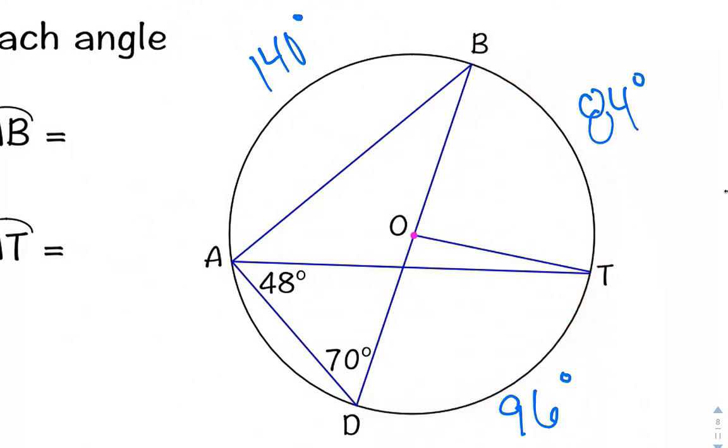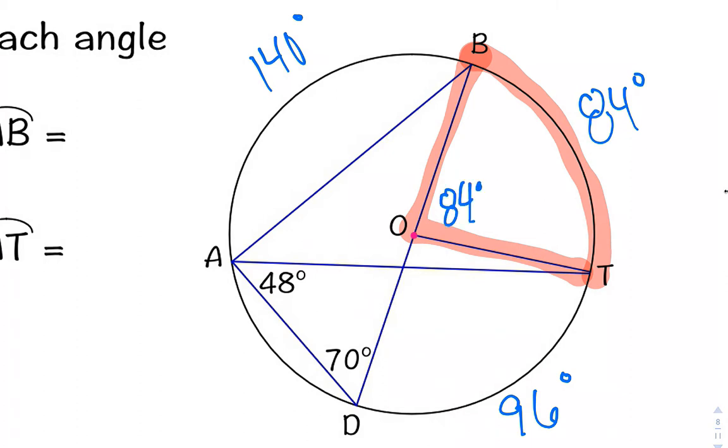Okay. So then let's think, I have an 84-degree arc here. What angles go with that? Well, I see a central angle. Now remember, a central angle is equal to the measure of that arc. So this central angle would be 84 degrees. Okay. Are there any other angles that go with that arc?